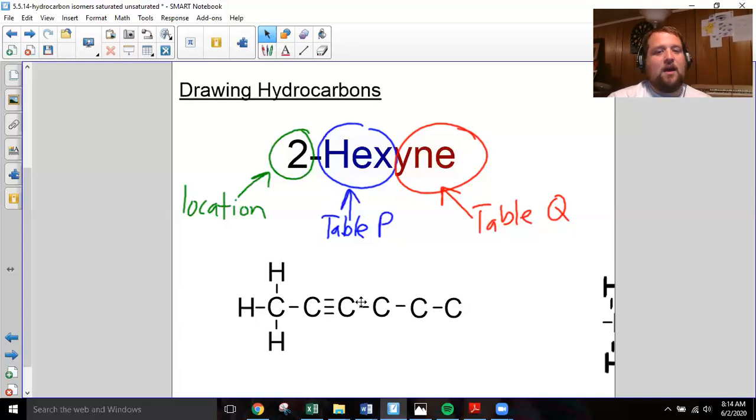We're just counting the lines that connect to the carbons. This carbon here has a single bond to the left and a single bond to the right. That's 2 bonds. So it's going to need to make 2 more. So there would be 1 here and 1 here. Now this carbon has made 4 bonds.